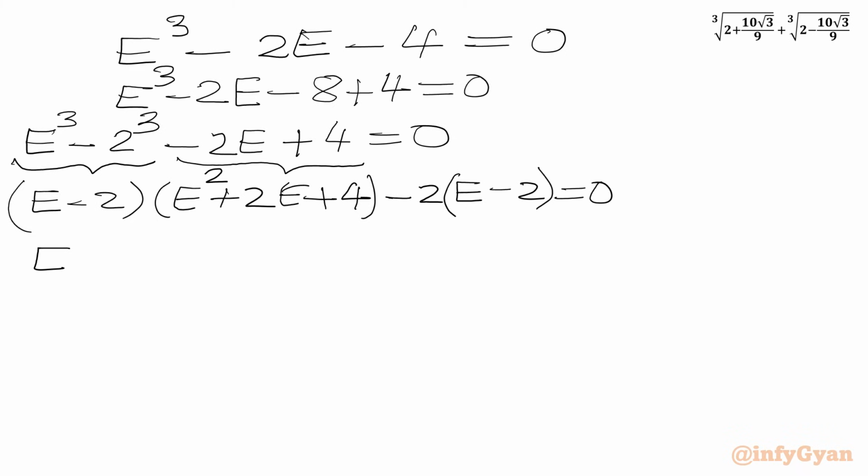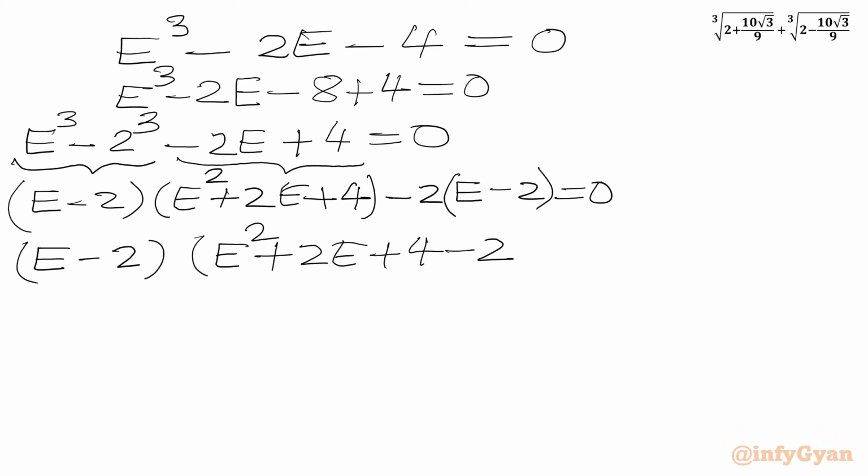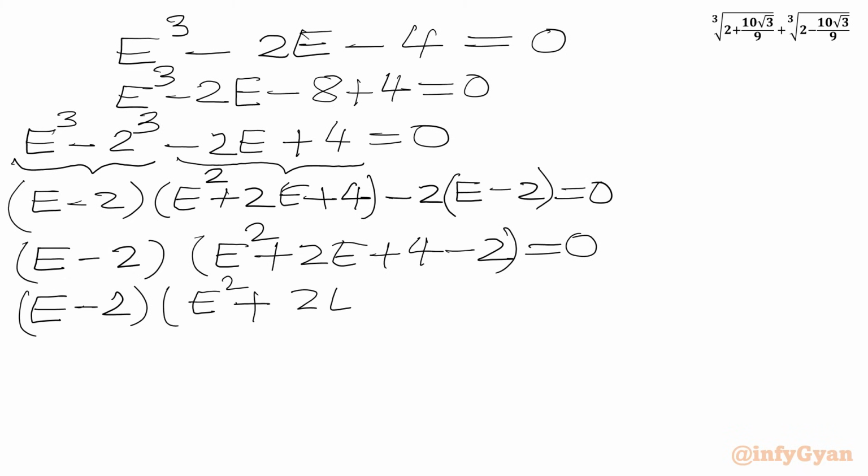Now e minus 2 is overall common. We will get e square plus 2e plus 4 minus 2 in the other bracket equal to 0. Or we will write e minus 2 times e square plus 2e plus 2 equal to 0.